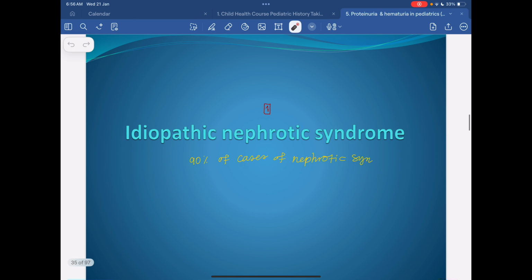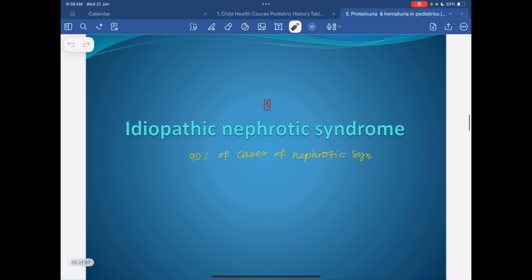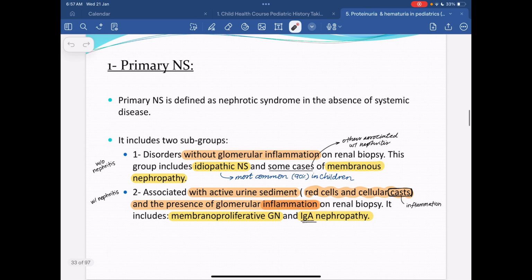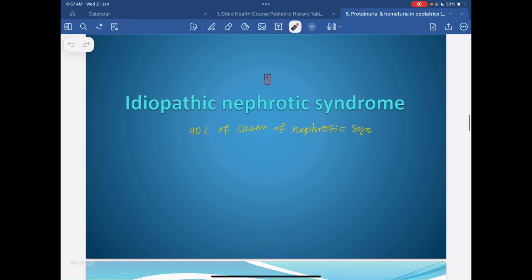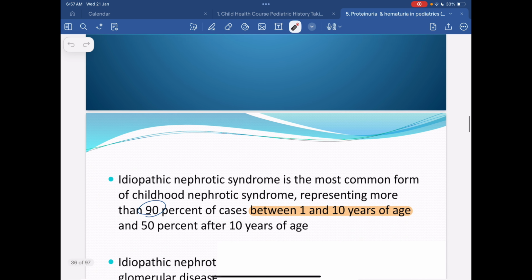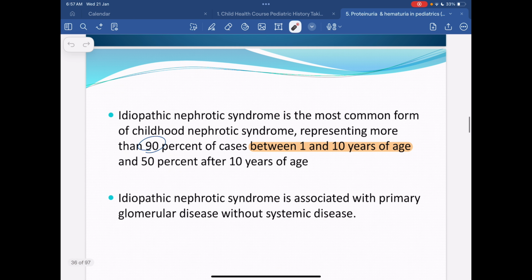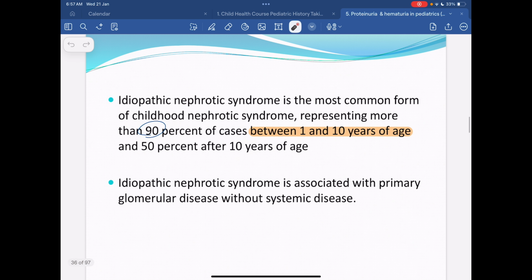طيب, let's talk about the first type of primary nephrotic syndrome, specifically the ones without nephritis. Idiopathic nephrotic syndrome. So idiopathic nephrotic syndrome is the most common form of childhood nephrotic syndrome.